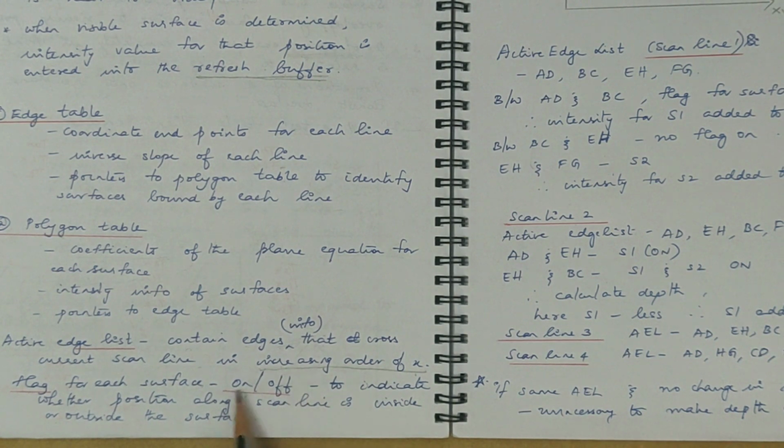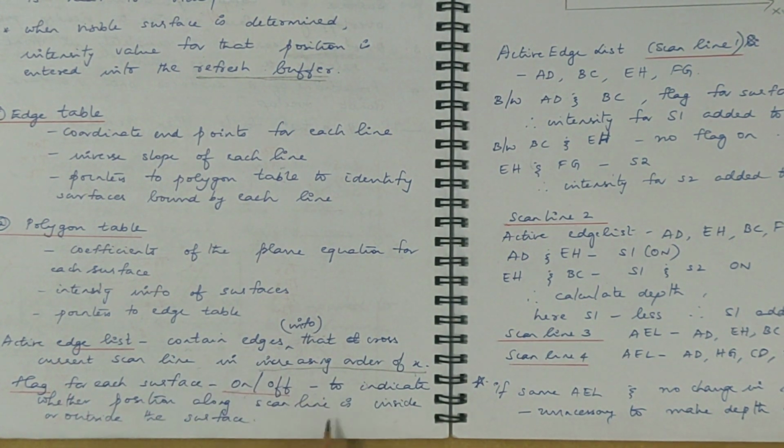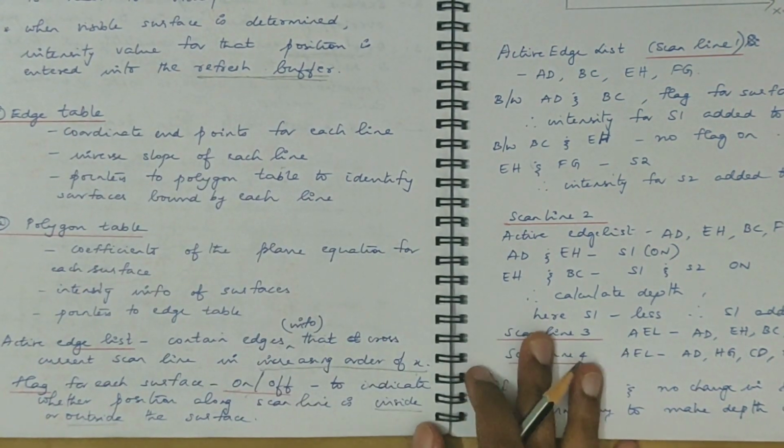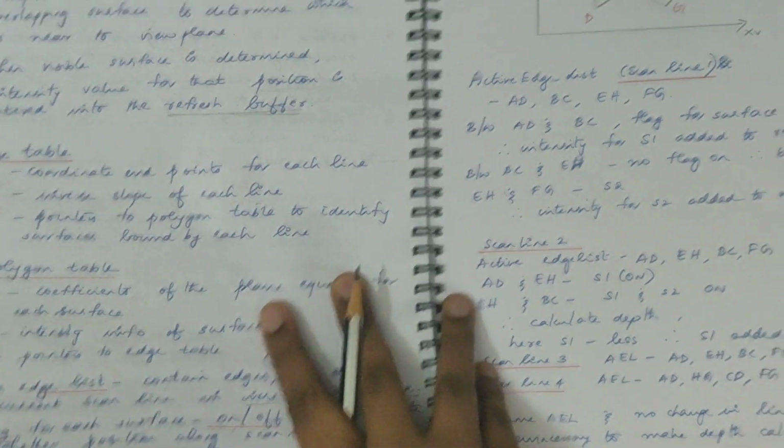If the scan line is not along that surface, then it will be off. So it indicates whether the position along the scan line is inside or outside the surface. Okay, so that's about the structures that will be used in this algorithm.